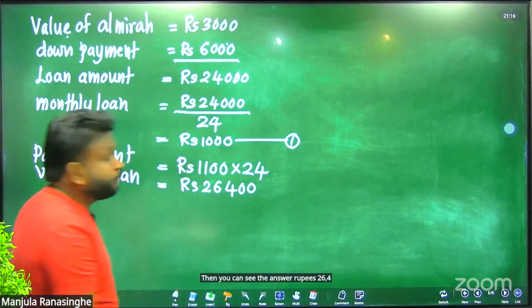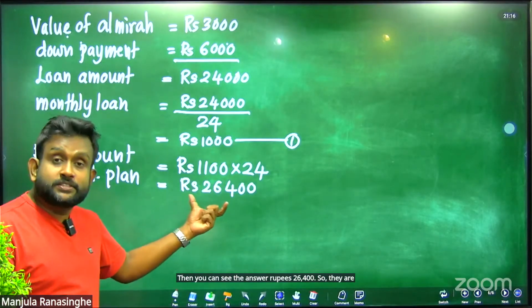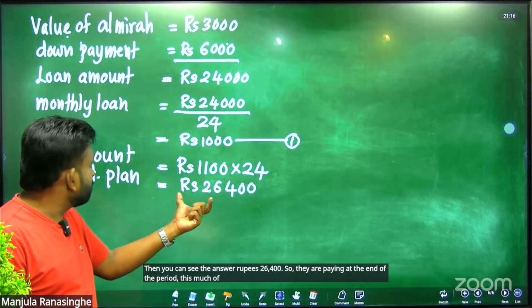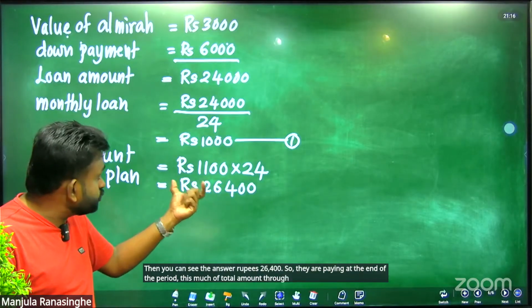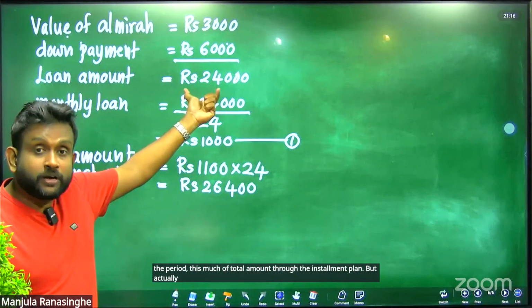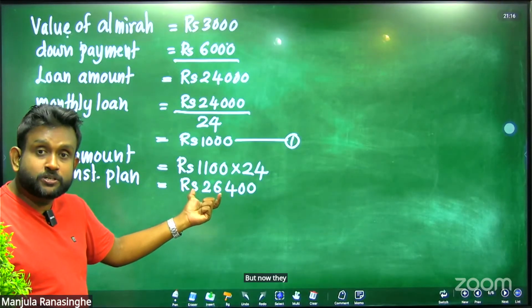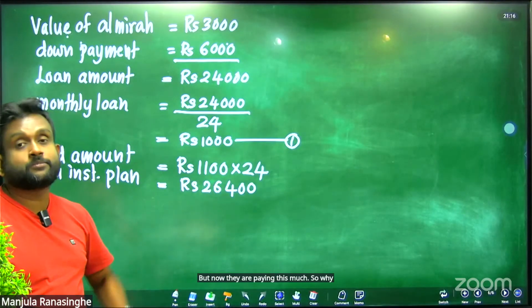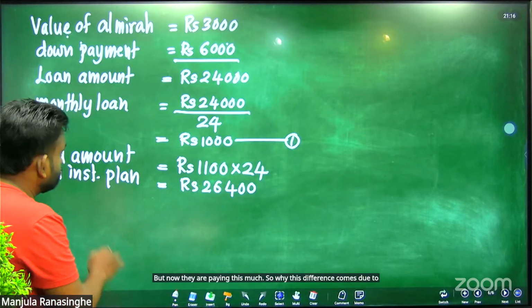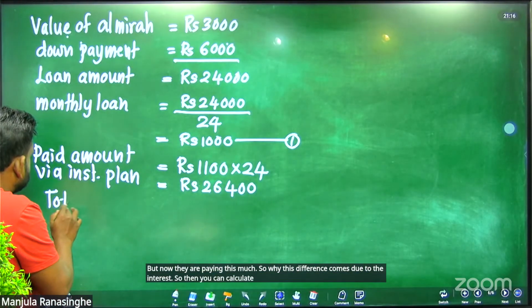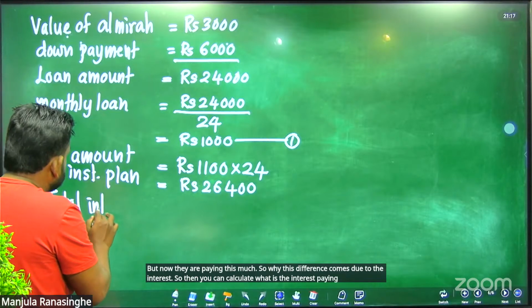The answer is rupees 26,400. So at the end of the period they are paying this much in total through the installment plan. But actually they had a loan of 24,000, and now they are paying this much. Why does this difference come? Due to the interest.